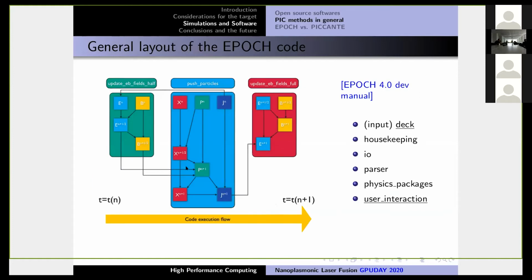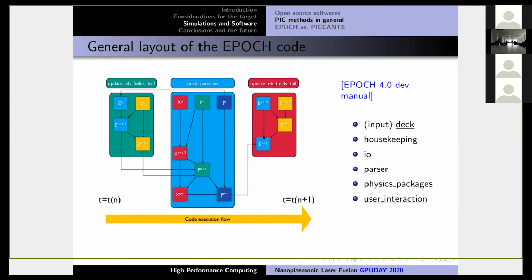The EPOCH code layout also uses the general leapfrog method, in which at the half time step the fields are calculated. Then the particle pusher calculates the forces and the momenta using the fields calculated at half time.